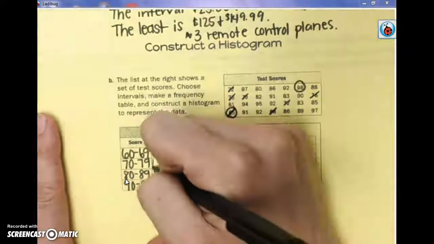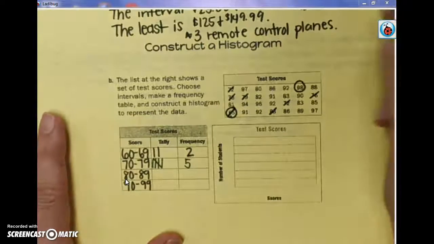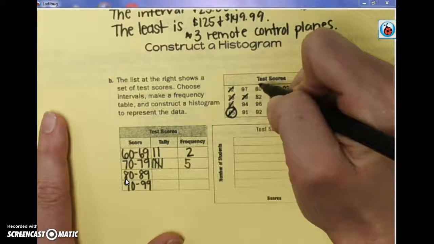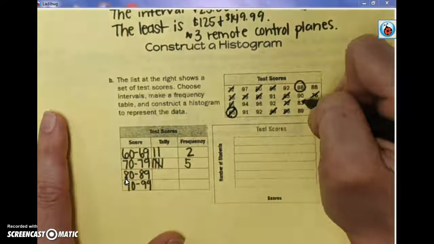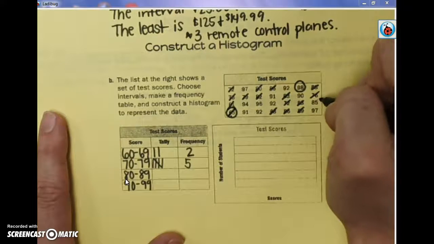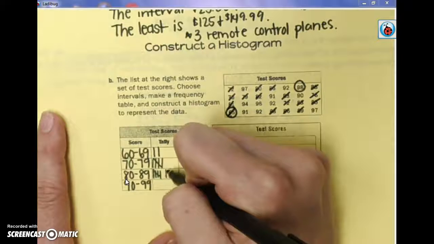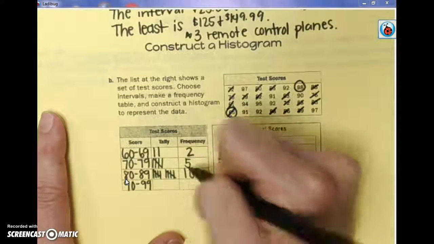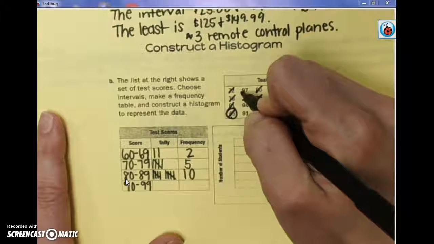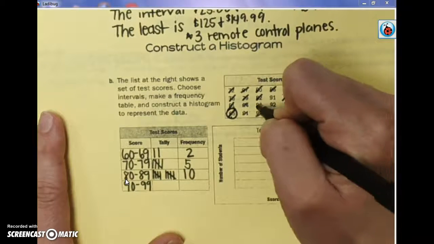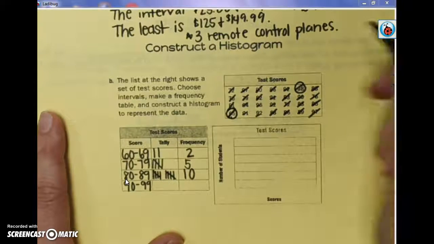Yeah. And we'll write 5. 80 through 89. We have 1, 2, 3, 4, 5, 6, 7, 8, 9, 10. And then 90 through 99. 1, 2, 3, 4, 5, 6, 7, 8, 9, 10, 11.